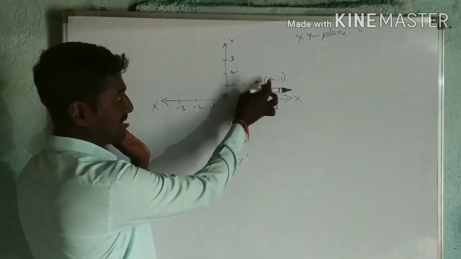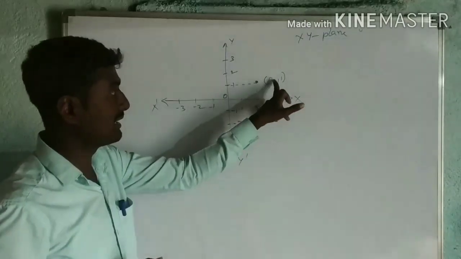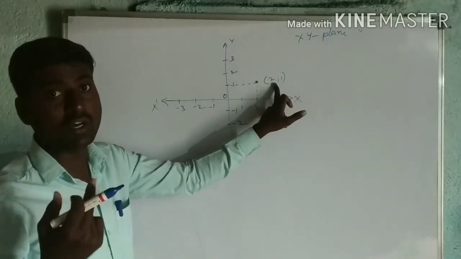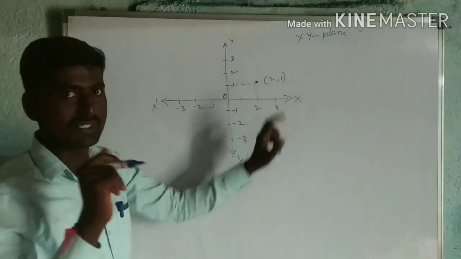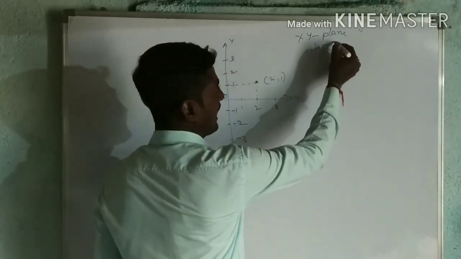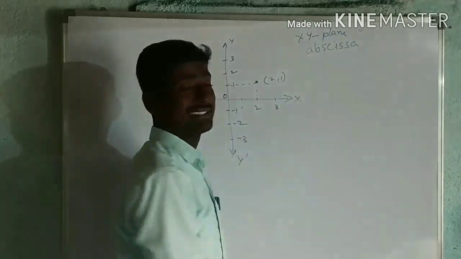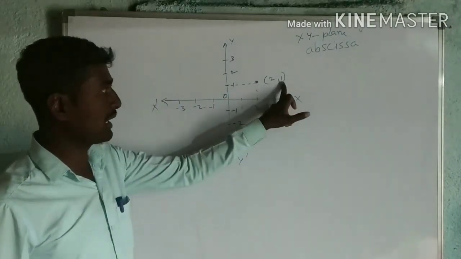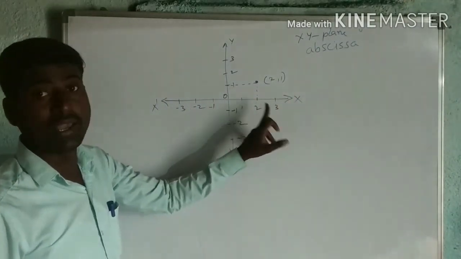So the x coordinate is 2. The x coordinate is also called the abscissa, A-B-S-C-I-S-S-A. And the y coordinate is the distance from the x-axis.